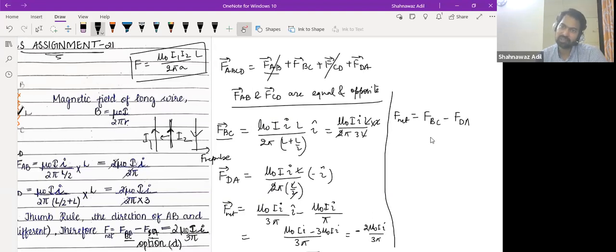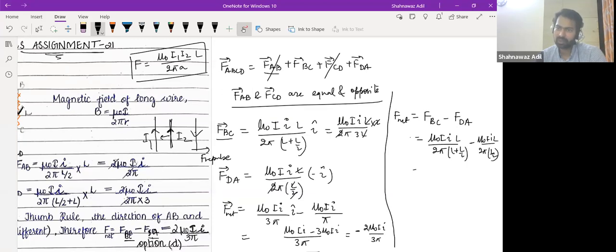We can directly calculate that. This is mu naught I L divided by 2 pi, times L plus L by 2, minus mu naught I L by 2 pi, times L by 2.